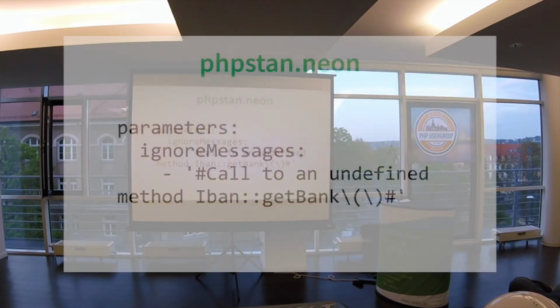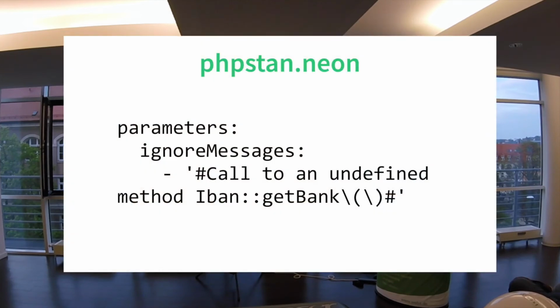And when you don't agree with me on some rules, you can use ignore messages, and you can define some regular expressions for errors that can be ignored in the analysis. So it's pretty okay to ignore some messages.